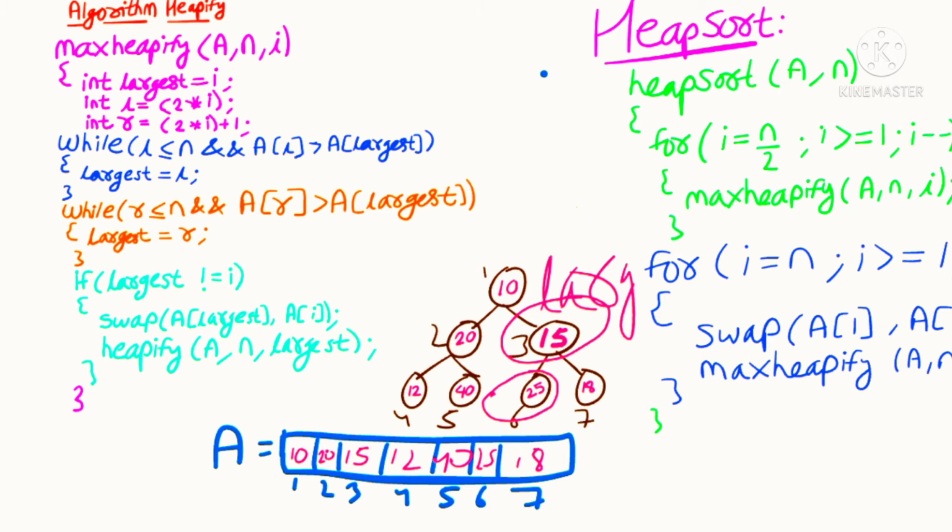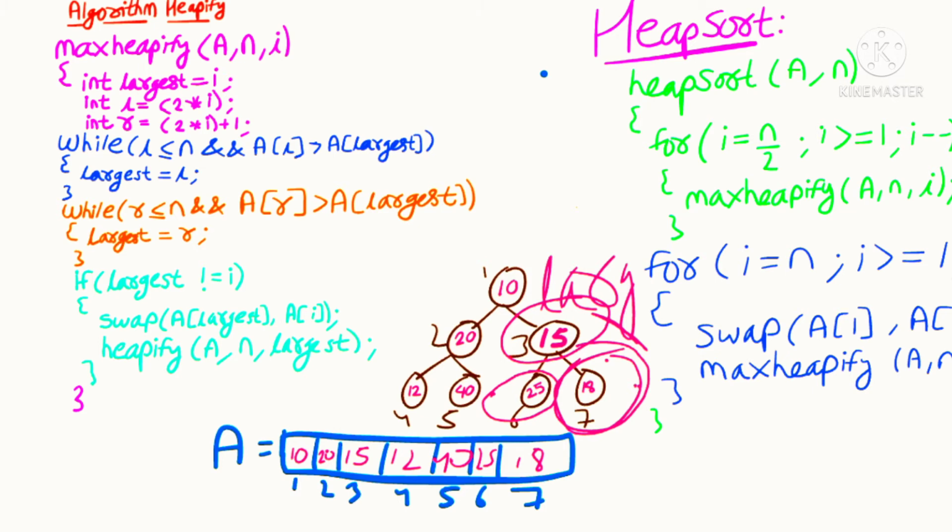Now while we will look at the right child. अगर right यहाँ पे भी सेम condition होगा, right child should be less than equal to n, n number से छोटे होने चाहिए, और अगर right child ज्यादा greater होगा तो we will again declare right as the largest one.